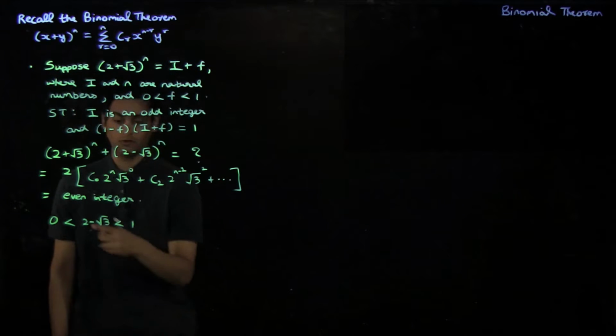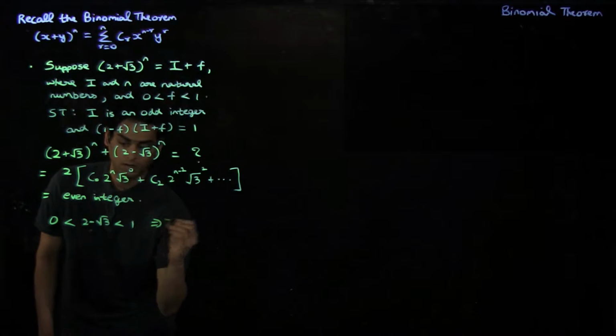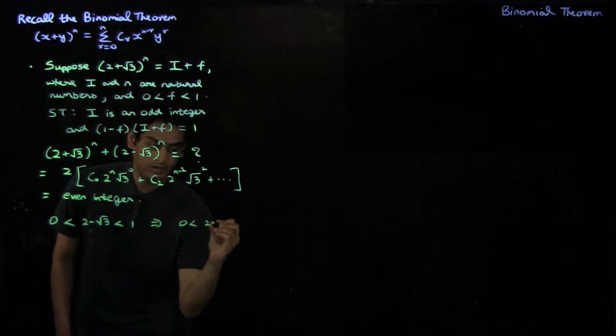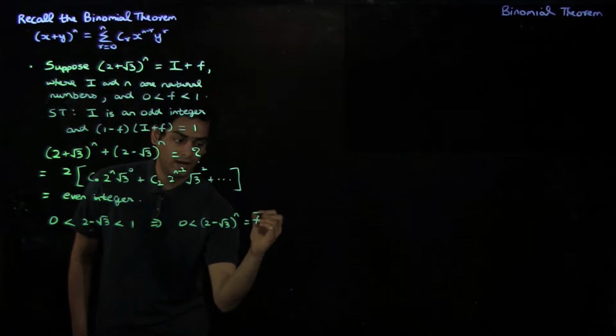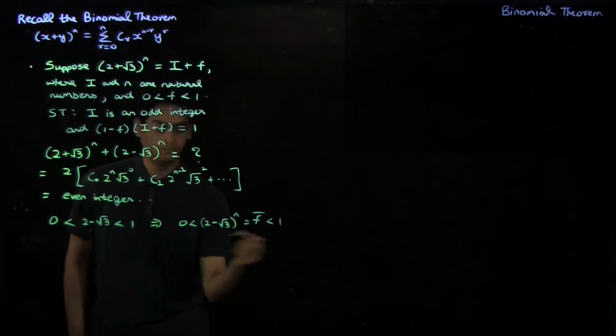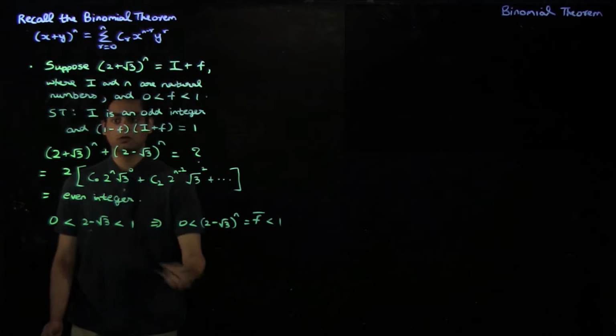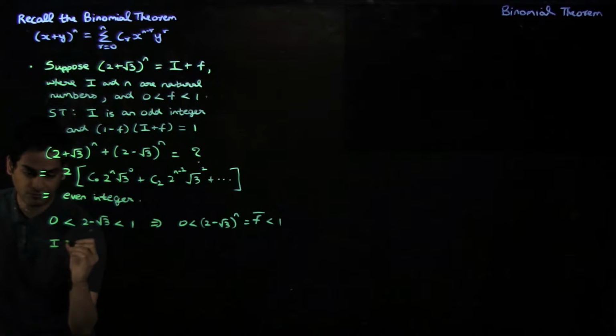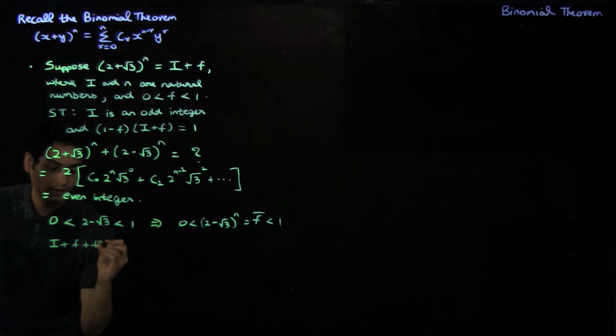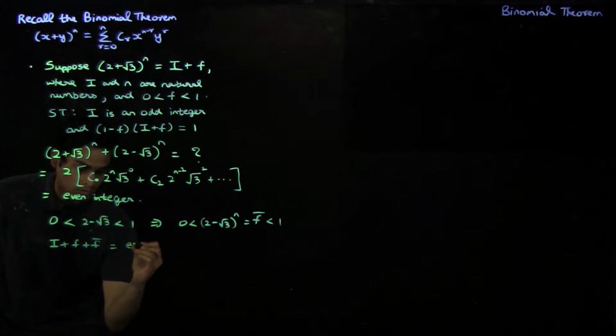So now we've recognized that (2 − √3)^n is a fraction. Let's call it f bar, and so this is between 0 and 1, and since (2 + √3)^n is denoted by I + f, we know that I + f bar equals an even integer.